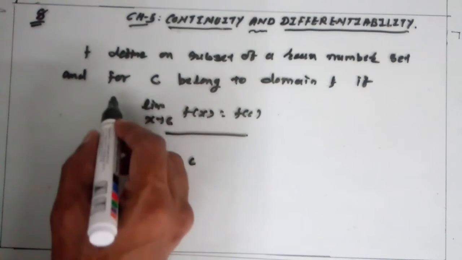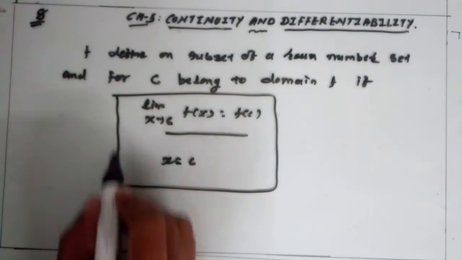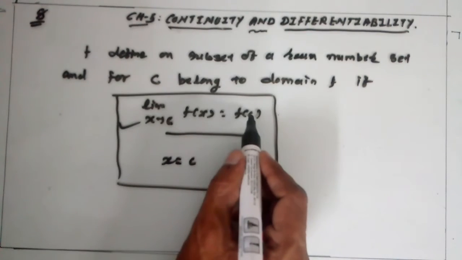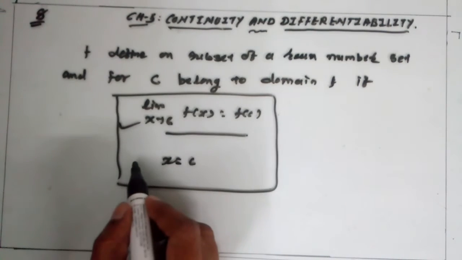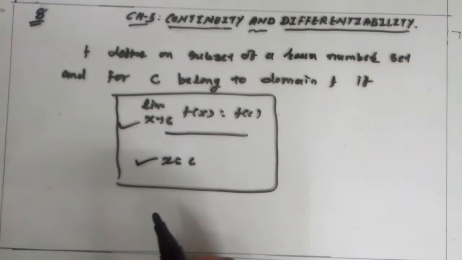Clear? The most important part for continuity is this. If limit x tends to c, f(x) is equal to f(c), then we say that the given function is continuous at x is equal to c.